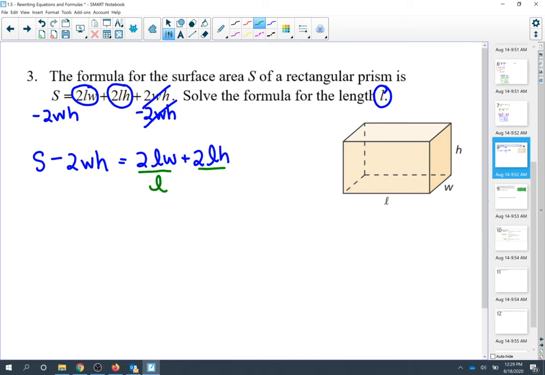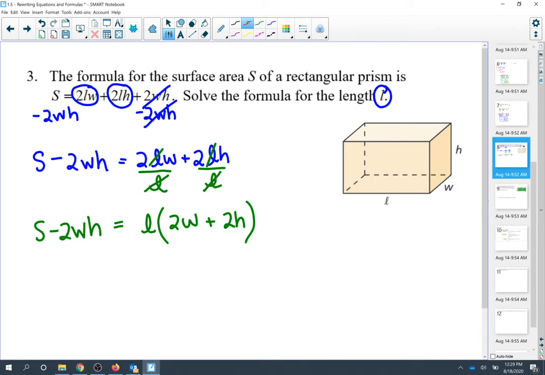So I put my L and my parenthesis. If I factor an L out of the first one, that's going to leave me with a 2 times a W. Plus, if I factor an L out of the second one, it's going to leave me with a 2 and an H. Equals S minus 2WH.